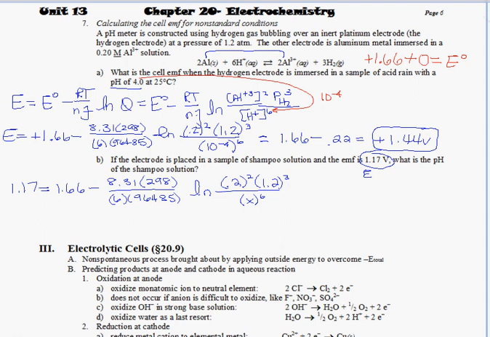All right, if your math is going well, you have now gotten to approximately 1.2 times 10 to the negative 51st is equal to your x raised to the 6th, which means that your x value, which is also your hydrogen ion concentration, is going to be 3.3 times 10 to the negative 9th.